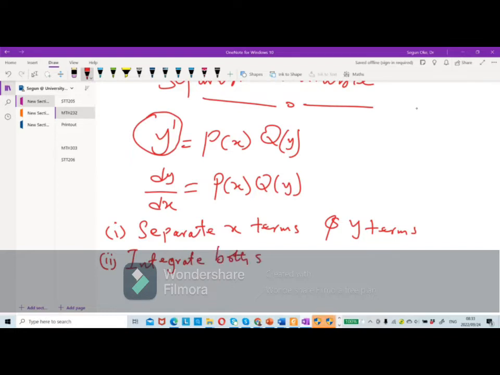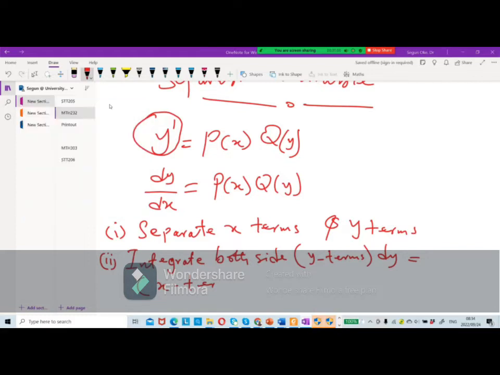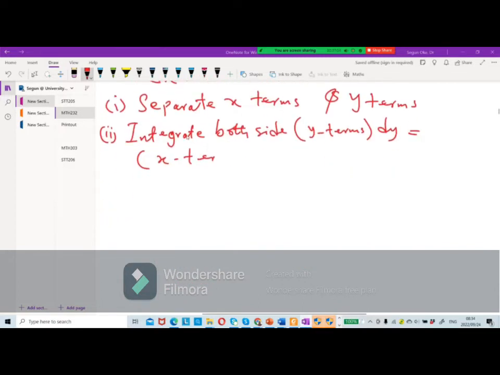both sides. Integrate both sides, that is the y term dy, which is the same thing as the x term, so y term, x term, and everything plus c, that's all.